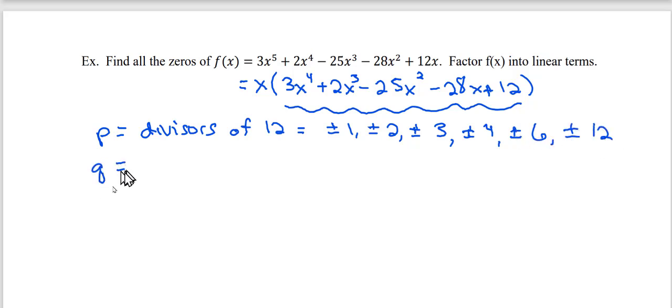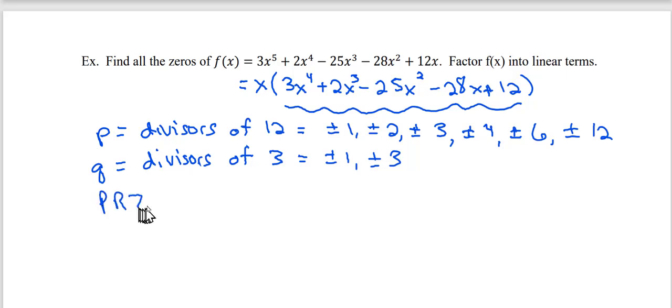Ooh, that's a lot. Q will be divisors of 3. Remember, we're going to keep that x there, but we're focusing on trying to further factor this polynomial of degree 4. Plus or minus 1 and plus or minus 3.